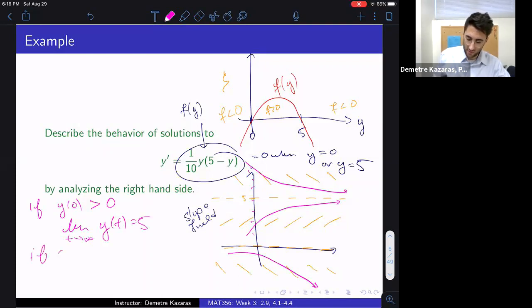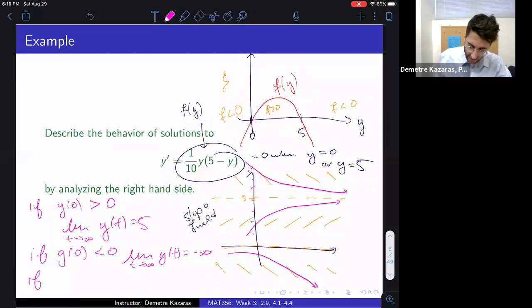Whereas if y of 0 is negative, the limit will be minus infinity as t goes to infinity. That's like the bottom line there.